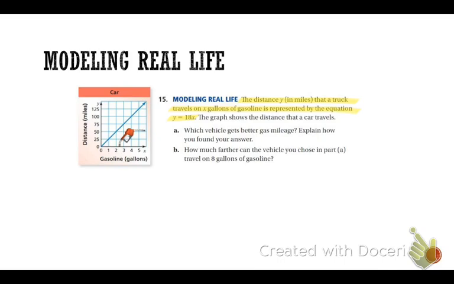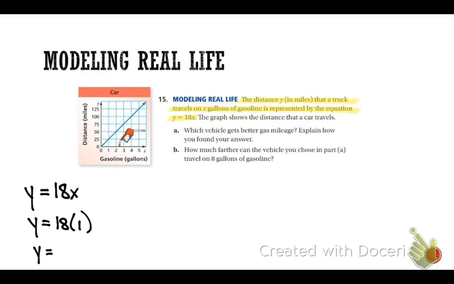Okay, so let's start here with the truck. For the truck, we said y equals 18x, right? So x stands for what? Gallons, right? If I plug in a 1, let's say I put 1 gallon of gas into my truck, 18 times 1, how many miles is it going to go? 18.